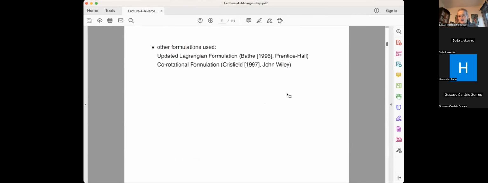In between, in the engineering world, there were many other types of choices which are described in the reference books. For example, there's something called updated Lagrangian formulation, described in the book of Jürgen Bathe, or something called corotational formulation, described in the book of Mike Crisfield. And basically, the updated Lagrangian formulation is the idea that you want to recycle the results for the small displacement theory.